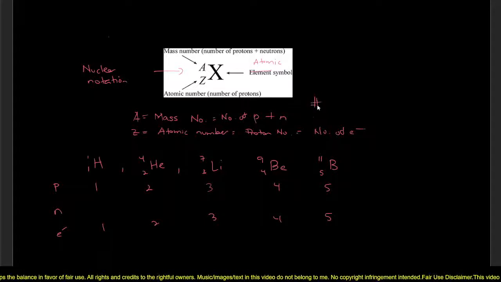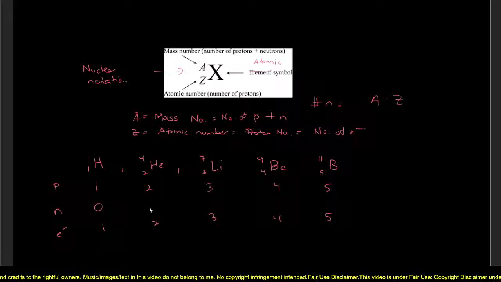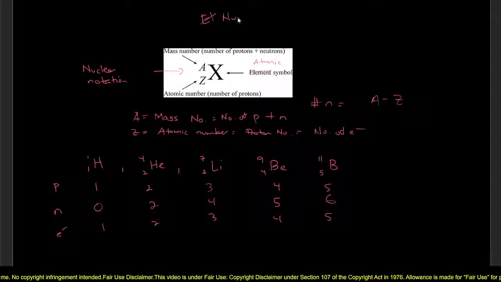This means the number of neutrons is equal to the mass number from which the atomic number is subtracted. Right, so if we subtract our respective numbers, these would be the number of neutrons found in these atoms of these elements. Right, and this is my short video on nuclear notation.